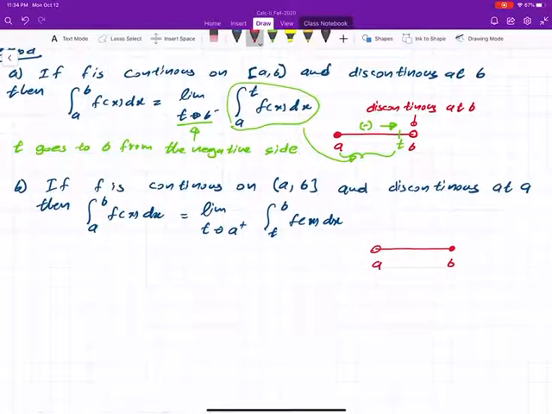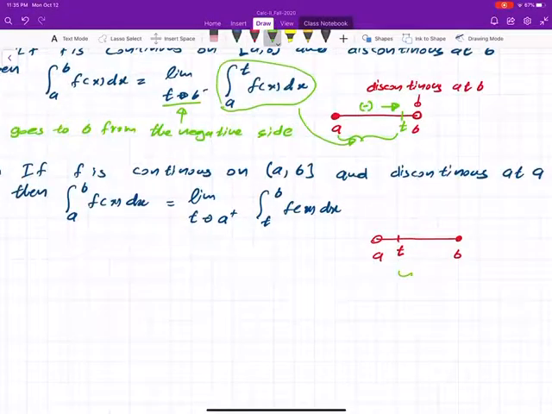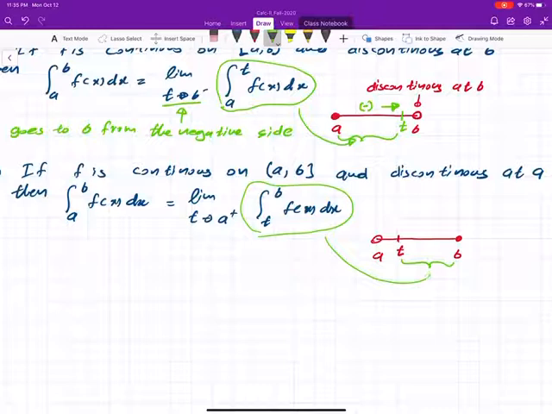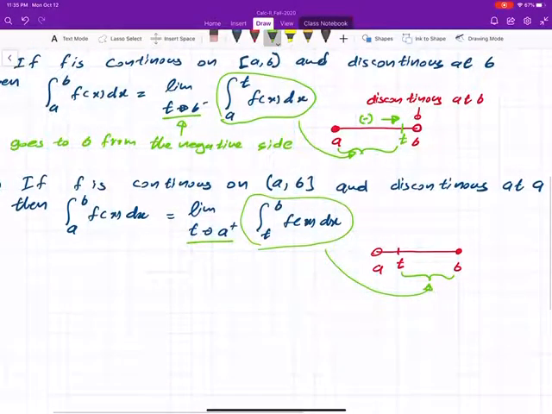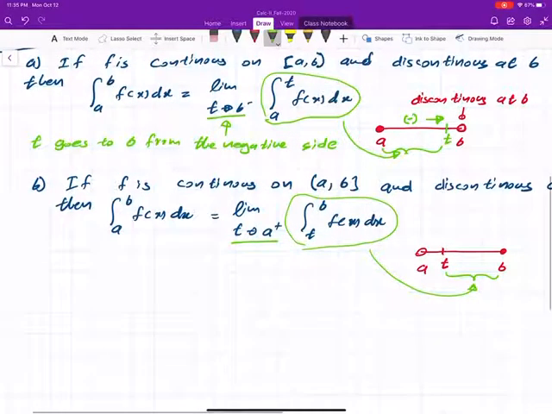Now what you are doing is taking t somewhere here, and then integrating the function from this point to that point, which is given by that. It is from t to b, and then I say t goes to a from the positive side.